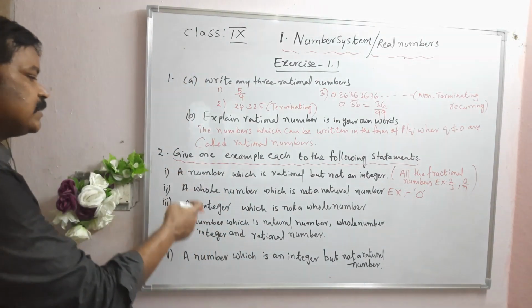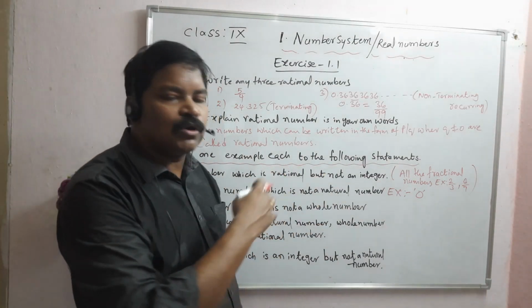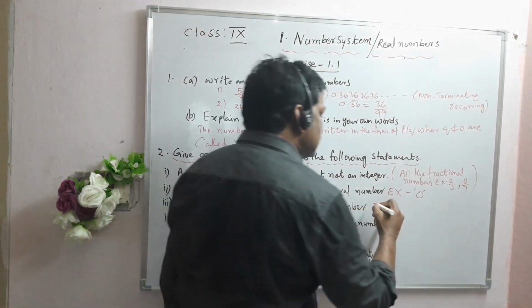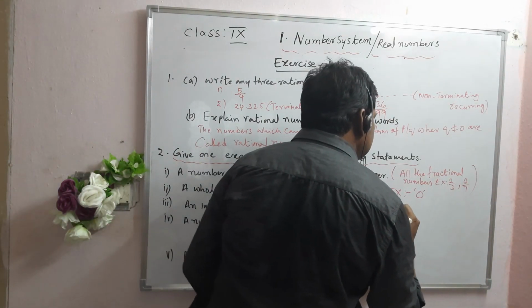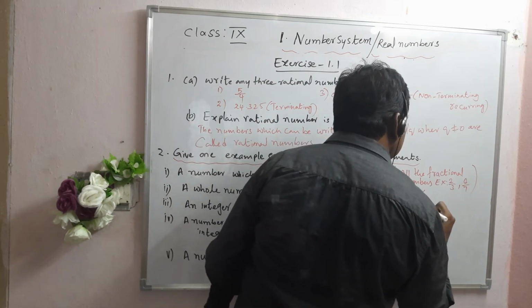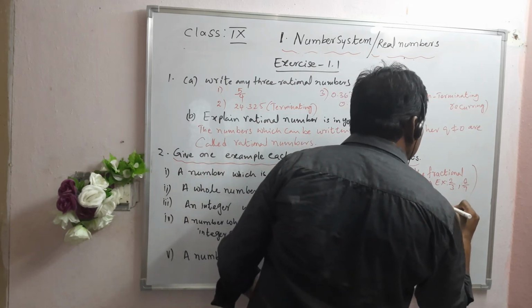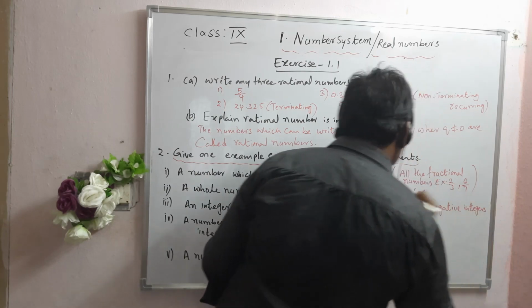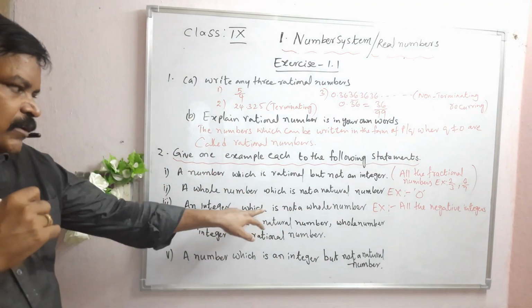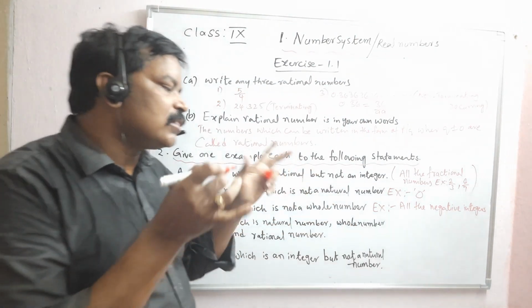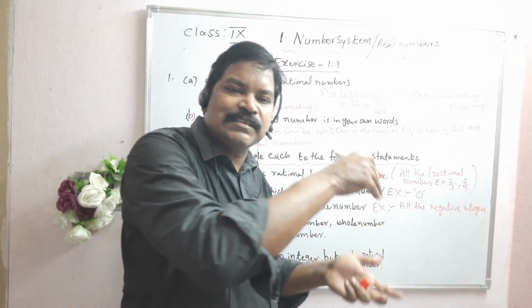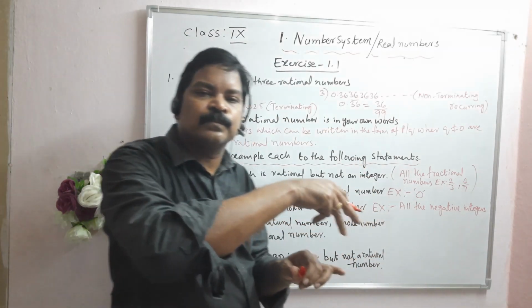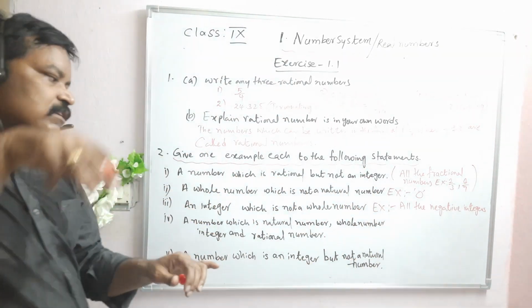Next, an integer which is not a whole number. That means all the negative integers. All the negative numbers are not present in the whole numbers. Only the positive integers are present in the whole numbers, along with 0.